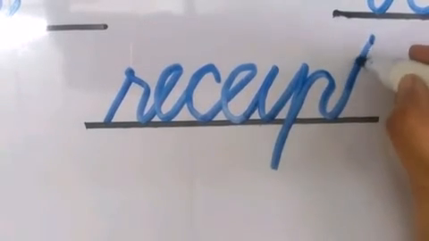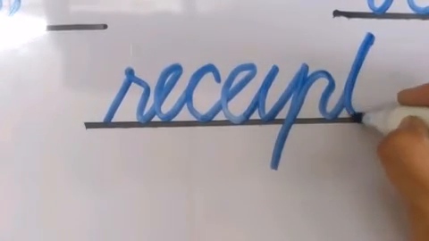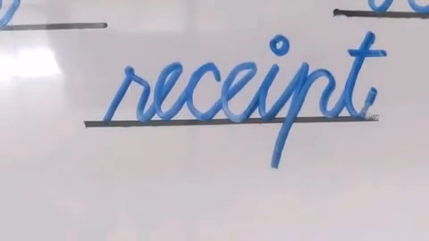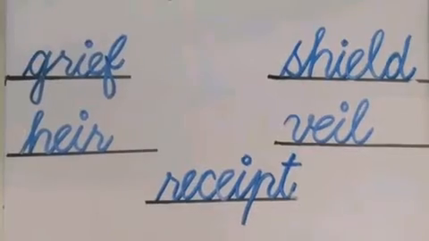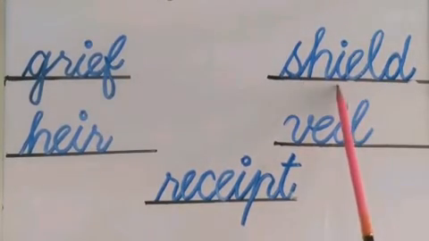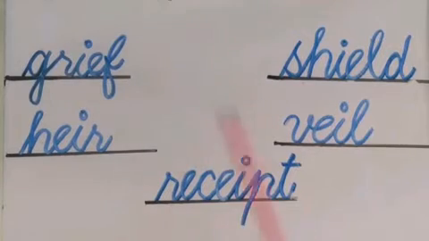As you can see, I have written P but I'm not pronouncing it, so it's receipt. Is that clear? Okay, let me show you all the examples now. So the examples are grief, shield, heir, whale, receipt.